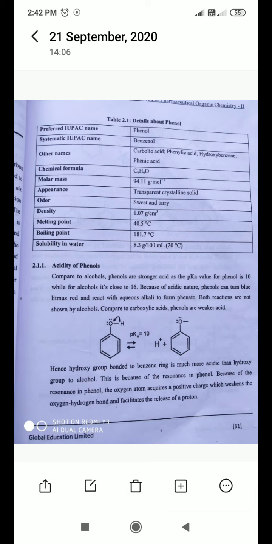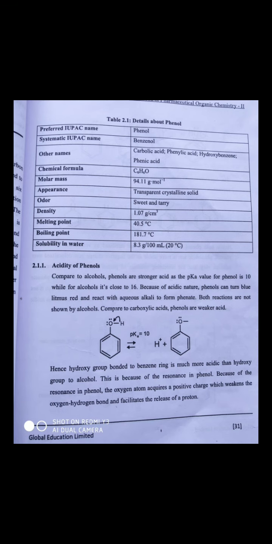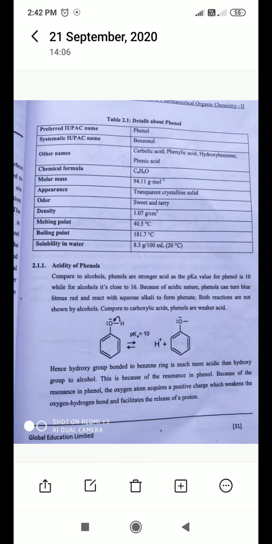So this phenol compound has a very low melting point. Boiling point is 181.7 degrees Celsius, and solubility in water is 8.3 gram per 100 ml at 20 degrees Celsius. It is easily soluble. These are the general properties of phenol.